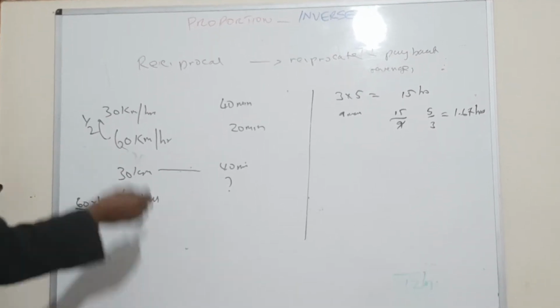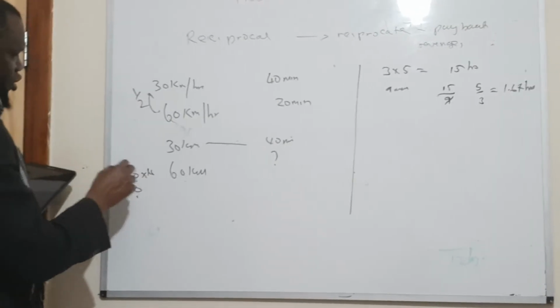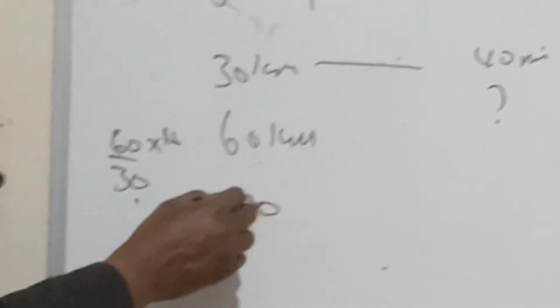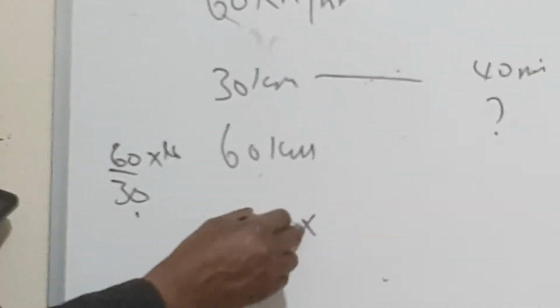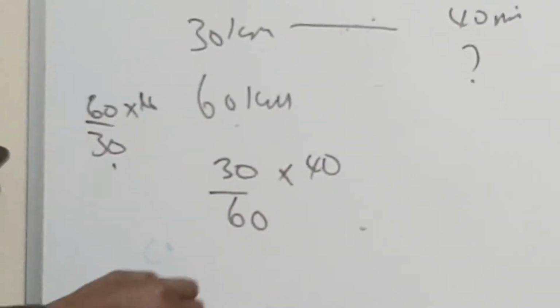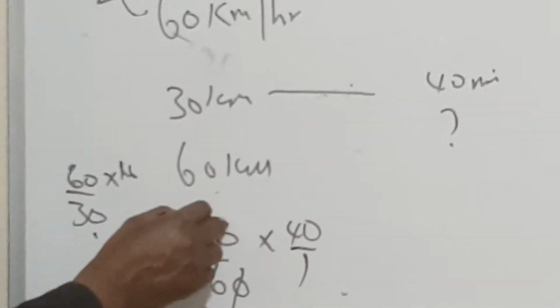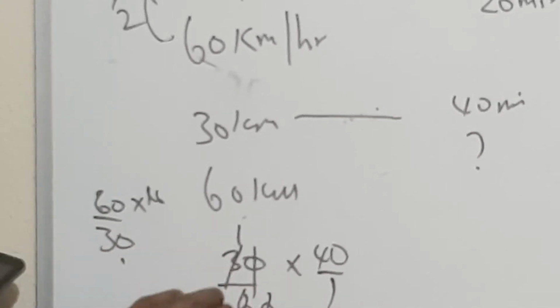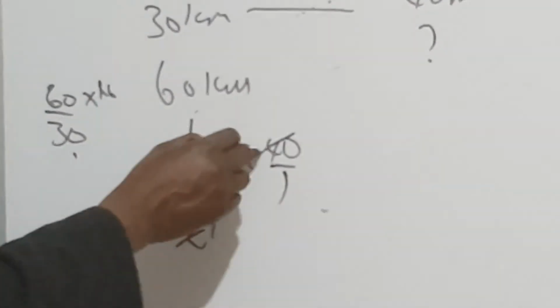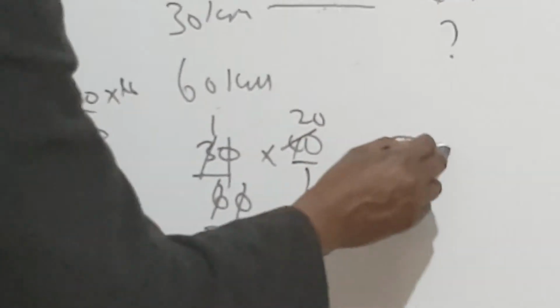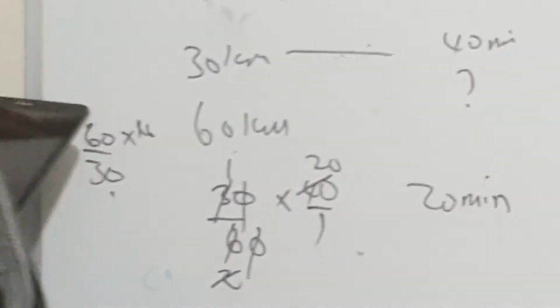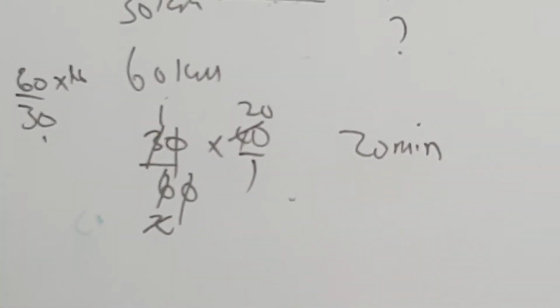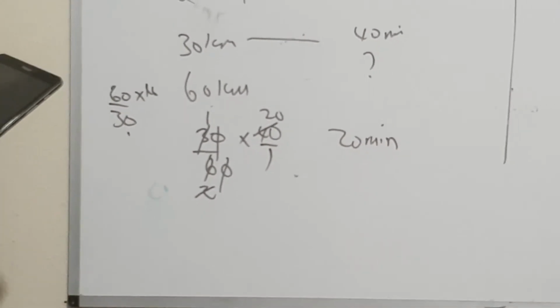But the inverse will be what is down goes to the top: 30 over 60 times 40. The 3s cancel, 3 into 3 is 1, 3 into 6 is 2, 2 into 40 is 20. So 20 minutes. Very easy.